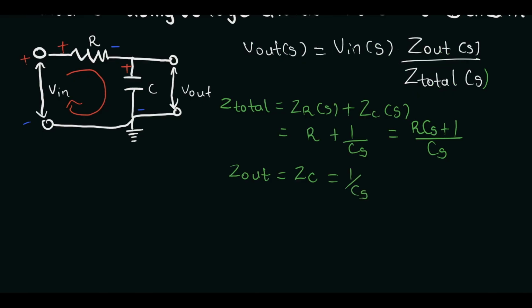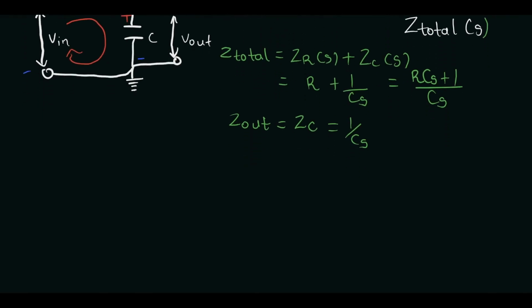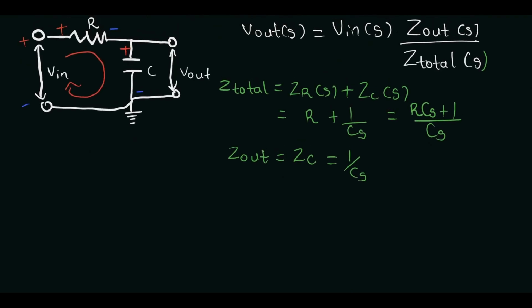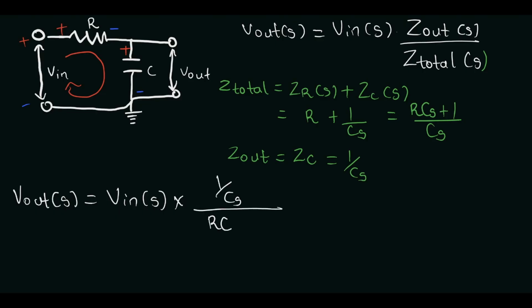Substituting it inside your formula, you have your V out over V in multiplied by the Z out as 1 over CS, over RCS plus 1 all over CS.